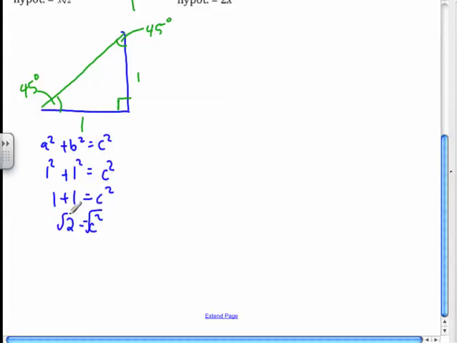I take the square root of both sides and I get c is equal to the square root of 2. I don't use the negative because this side can't have a length that's negative, so we're only using the positive. So if the sides are 1, 1, and 1 root 2.